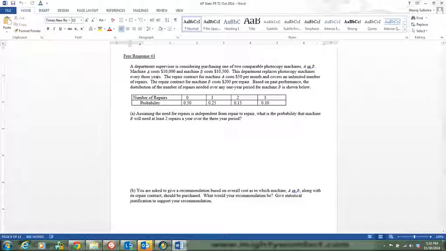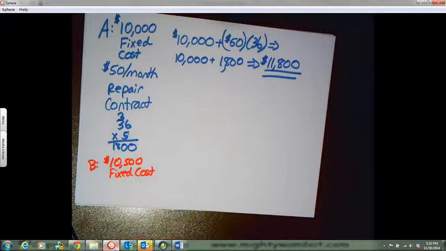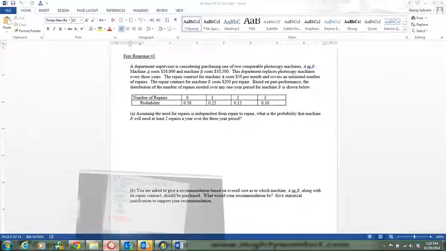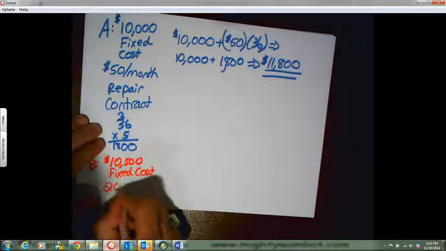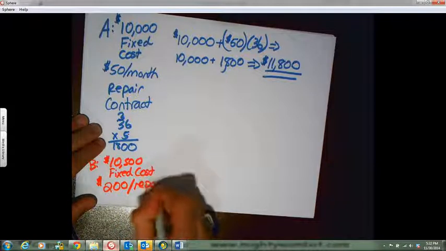So we have the $10,500 is our fixed cost, and then they replace the photocopy machines every 3 years. Okay, for A is $50 per month, unlimited number of repairs, and B is $200 per repair.